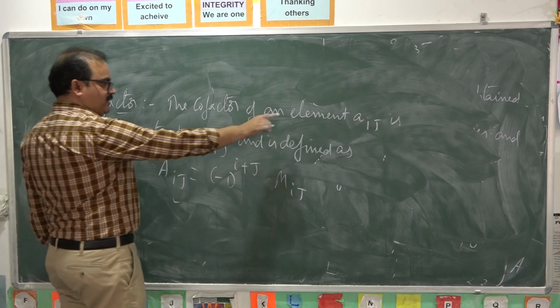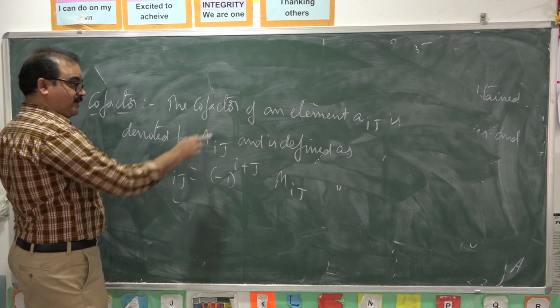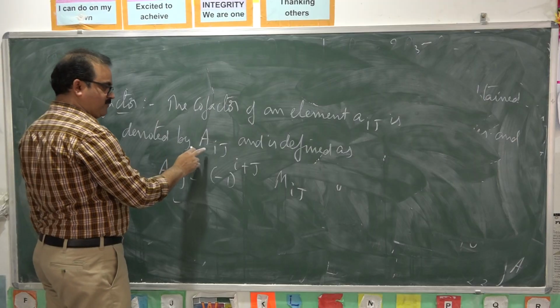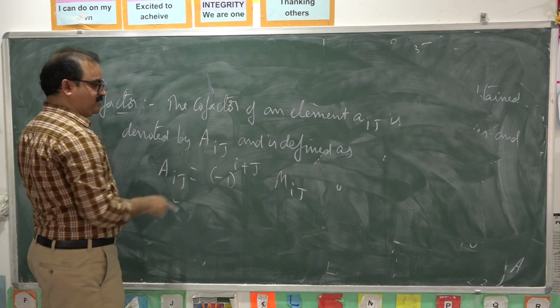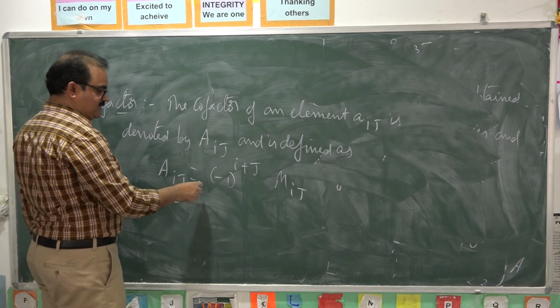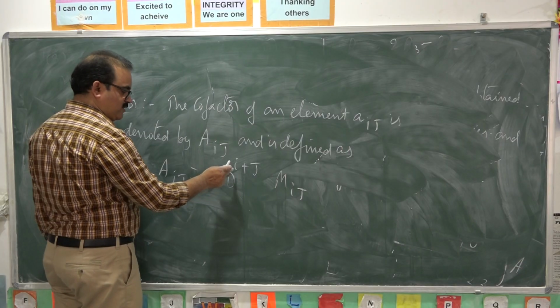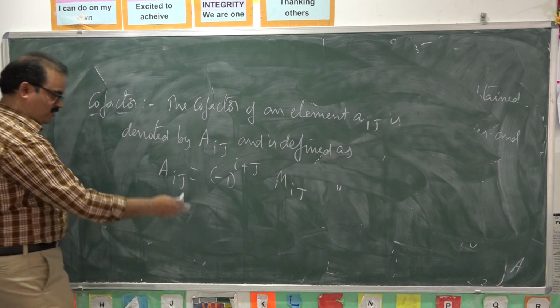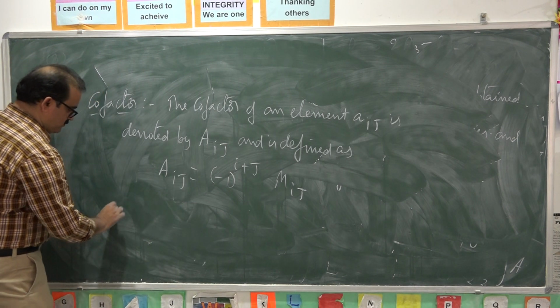Cofactor of any element Aij, which lies in the ith row and jth column, is denoted by capital Aij and it is defined as Aij is equal to minus 1 to the power of row plus column into the minor of that element. You take one example.